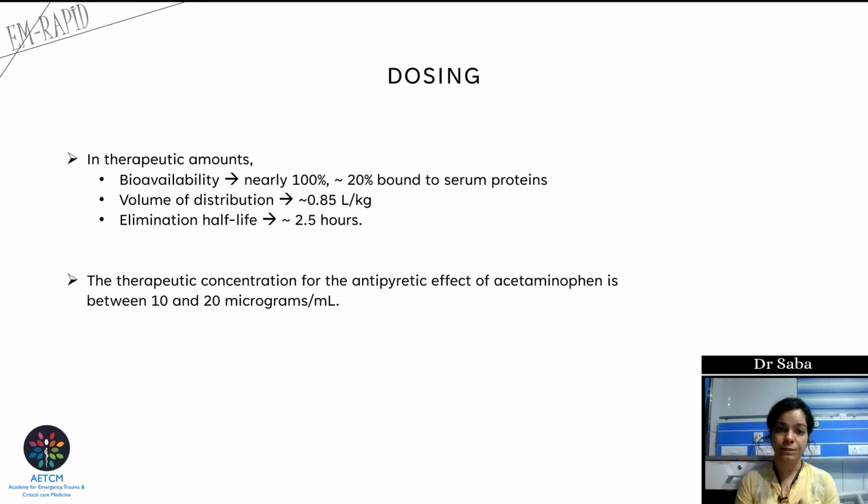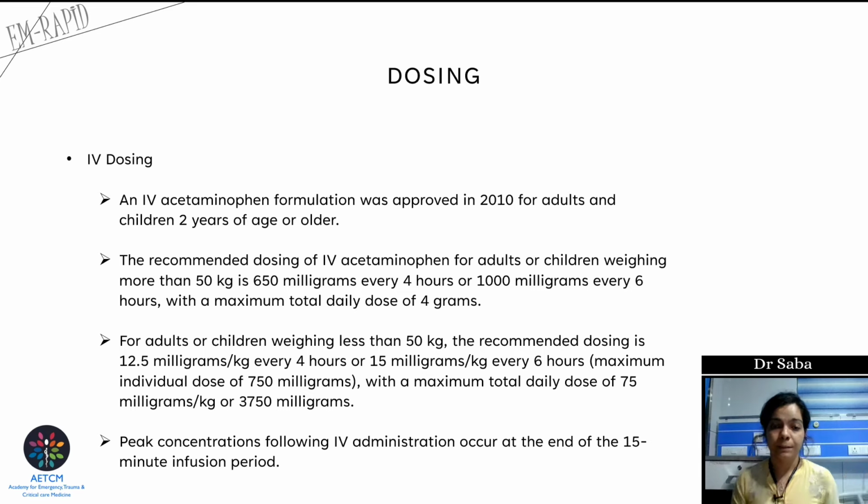The volume of distribution is about 0.85 liter per kg, and the elimination half-life is about 2.5 hours. For the antipyretic effect of acetaminophen to kick in, its therapeutic concentration should be somewhere between 10 to 20 microgram per ml. So that would be about the oral dosing.